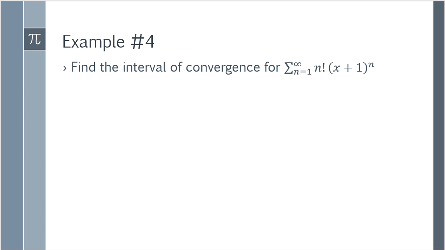If I go to my last example here, and I want to find the interval of convergence for the series where n goes from 1 to infinity of n factorial times x plus 1 to the n. Again, I always start with the ratio test.